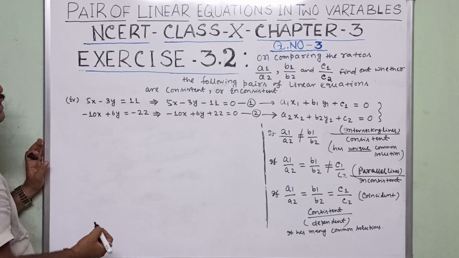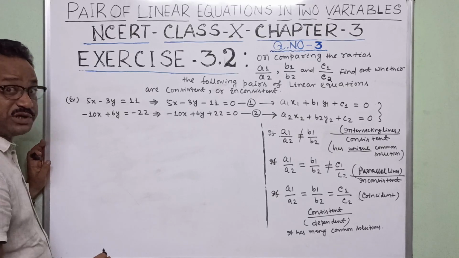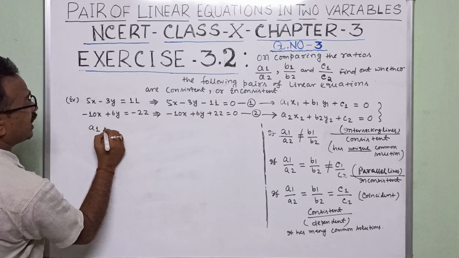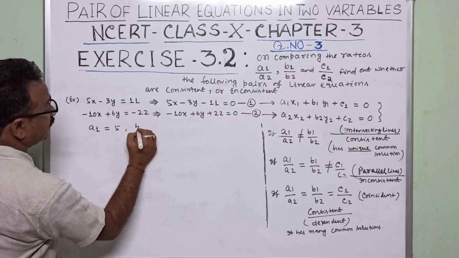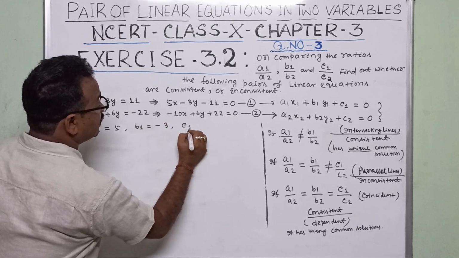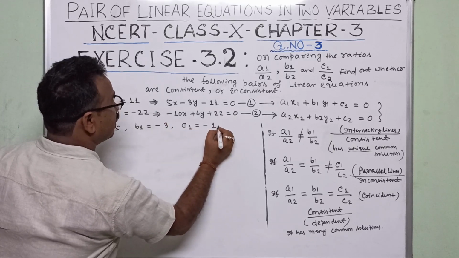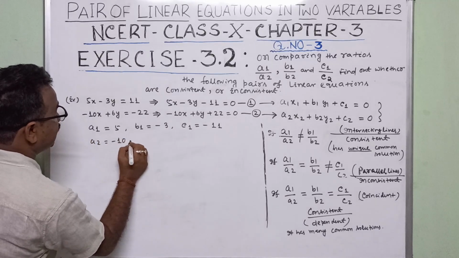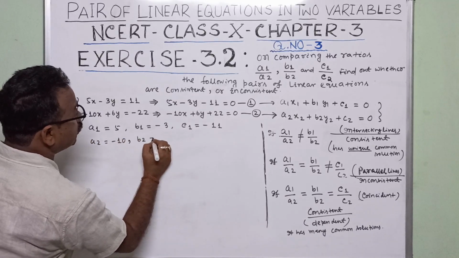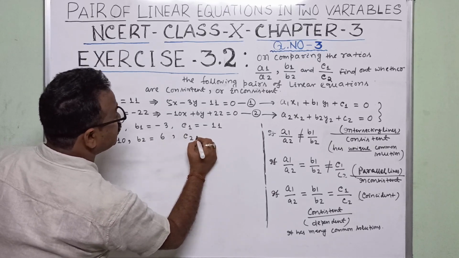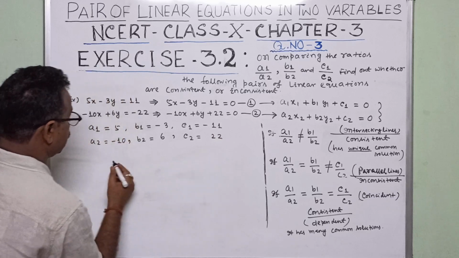A1 is 5, B1 is minus 3, C1 is minus 11, A2 is minus 10, B2 is 6, and C2 is 22.